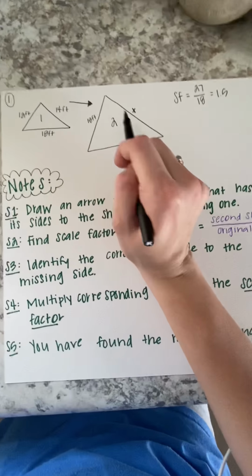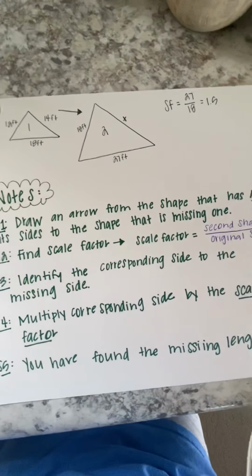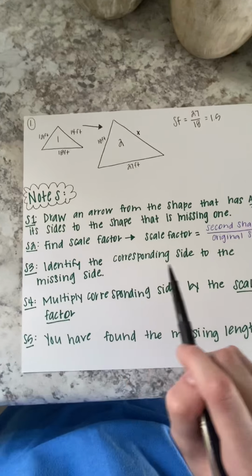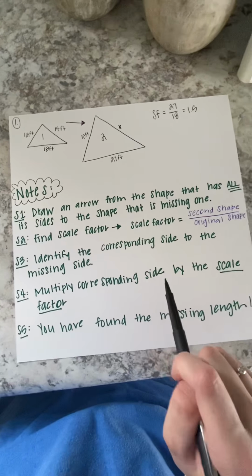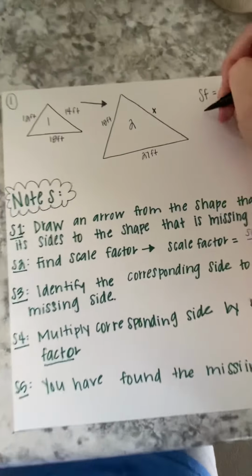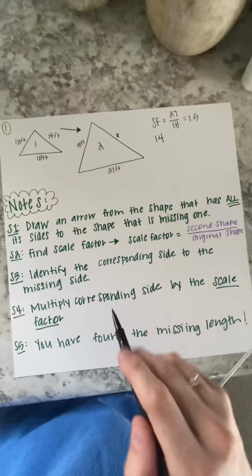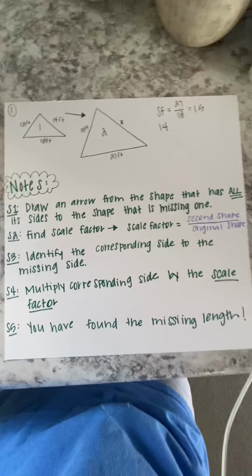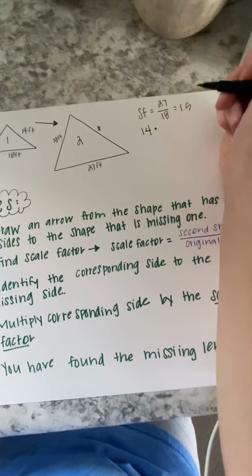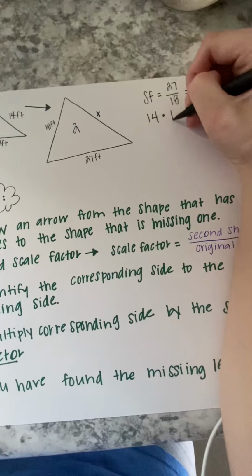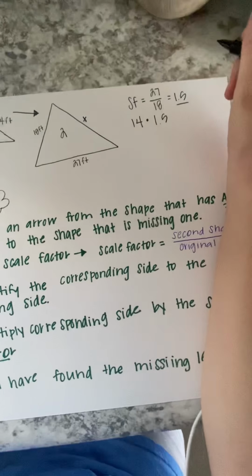So they kind of are in the same general area. What I'm going to do is multiply that corresponding side. So I'm going to take 14 and multiply it by 1.5 since 1.5 is my scale factor.